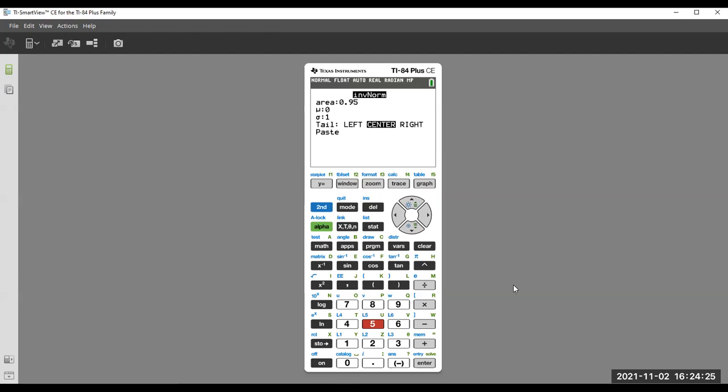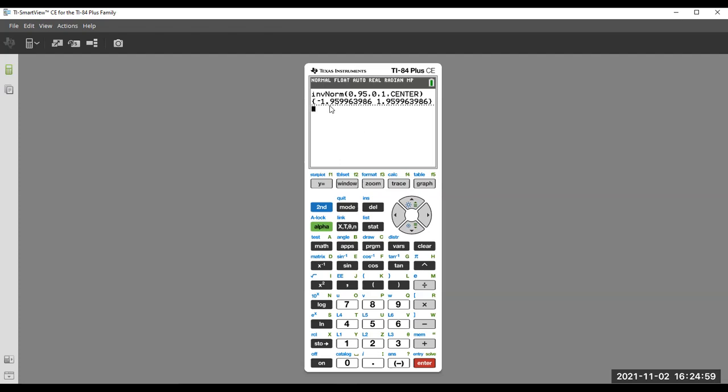Remember, I draw these quick graphs to help me figure out exactly what it is I need to put into these tools. 0 and 1 for the important pieces. If the center hadn't been selected, I would select it there. And at that point, I would paste it into my inverse norm function. And you'll note that I get two distinct values. There's a negative value and then there's a positive value.